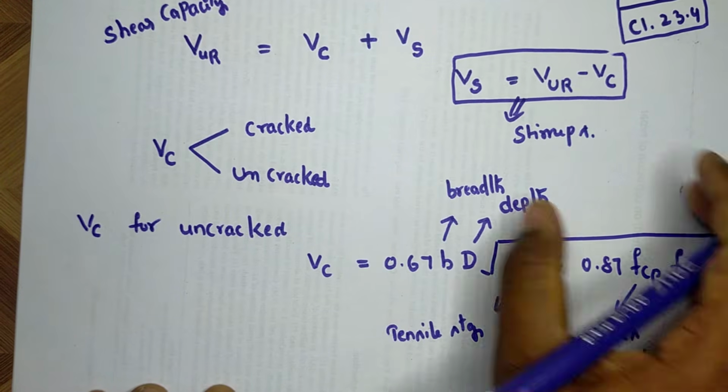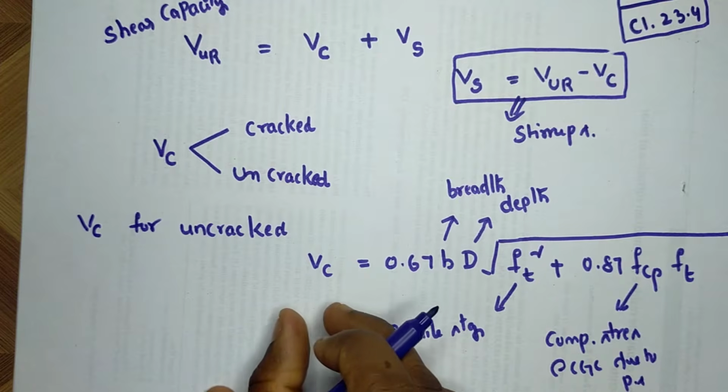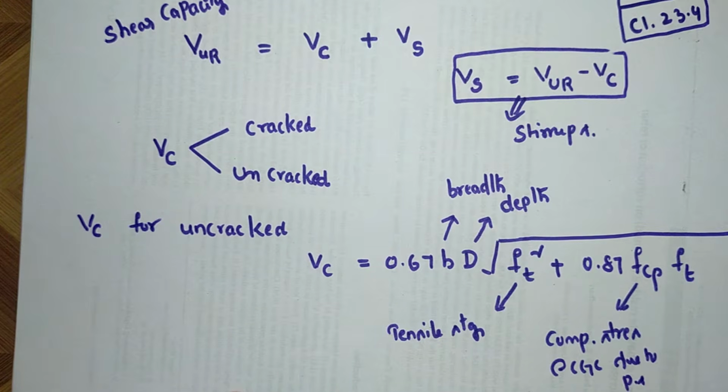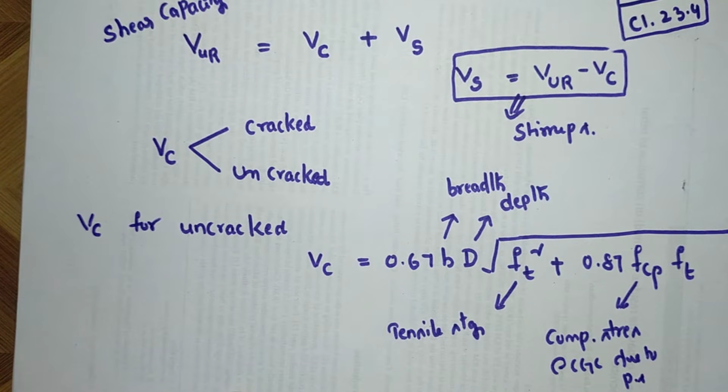Once we know all these terms, we can determine the shear resistance contributed by the concrete. To determine fcp, we simply use the formula prestressing force by area. Remember, always take the positive sign here.